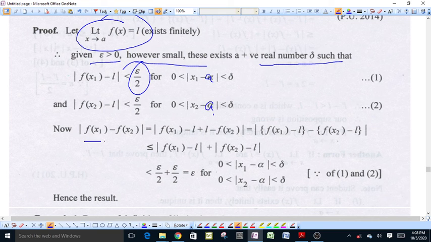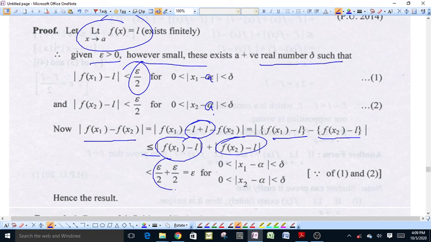Now, f(x1) minus f(x2) is equal to f(x1) minus L plus L minus f(x2). We add and subtract L in this expression, then modulus of f(x1) minus f(x2) equals modulus of f(x1) minus L minus f(x2) minus L. By using the property of modulus, this will be less than or equal to modulus of f(x1) minus L plus modulus of f(x2) minus L. These both are less than epsilon by 2, and epsilon by 2 plus epsilon by 2 is equal to epsilon.